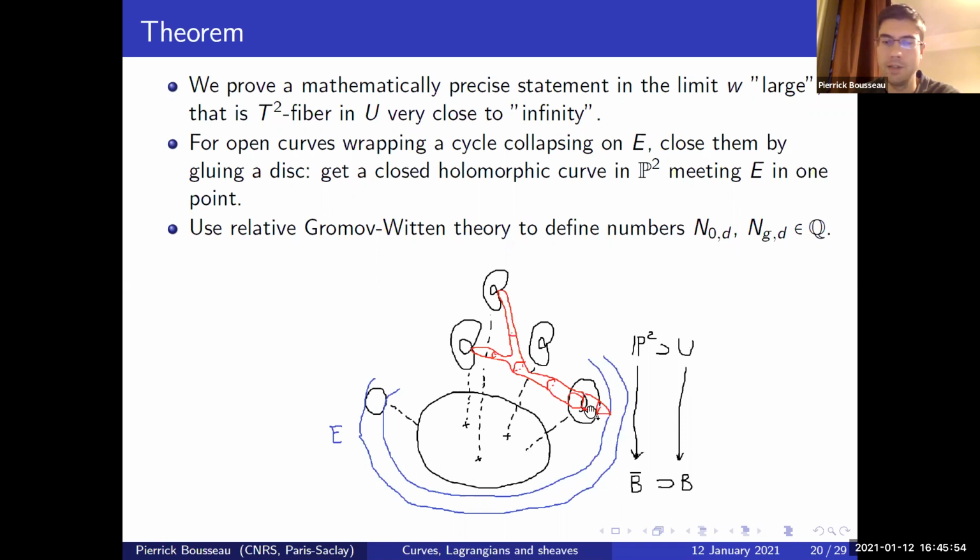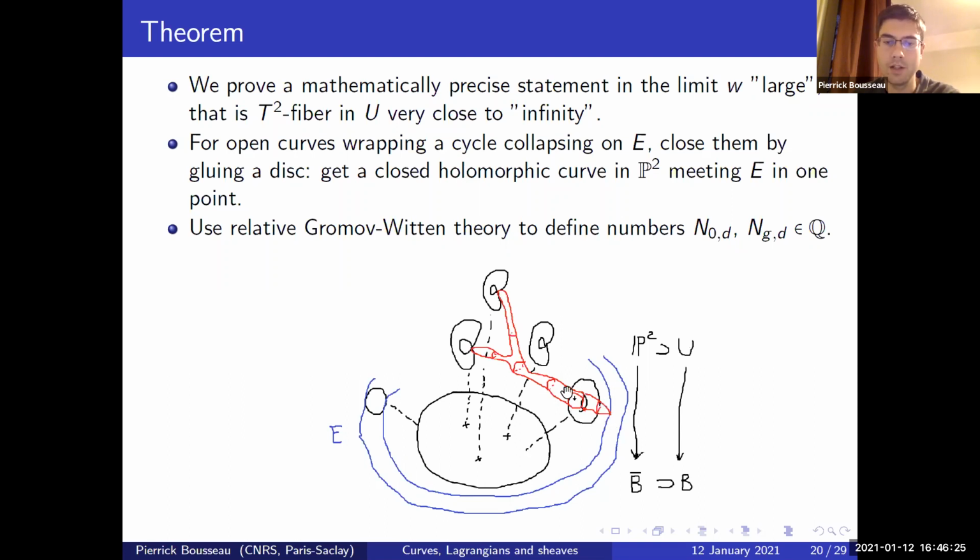And the idea should be that if the elliptic curve is very close to the boundary, there should be almost no choice for what you are gluing in. So there should be a natural way to do that. So the conclusion is that if the T2 fiber is really close to infinity, then you should be able to turn your open holomorphic curve into a closed holomorphic curve, touching the elliptic curve in a single point.